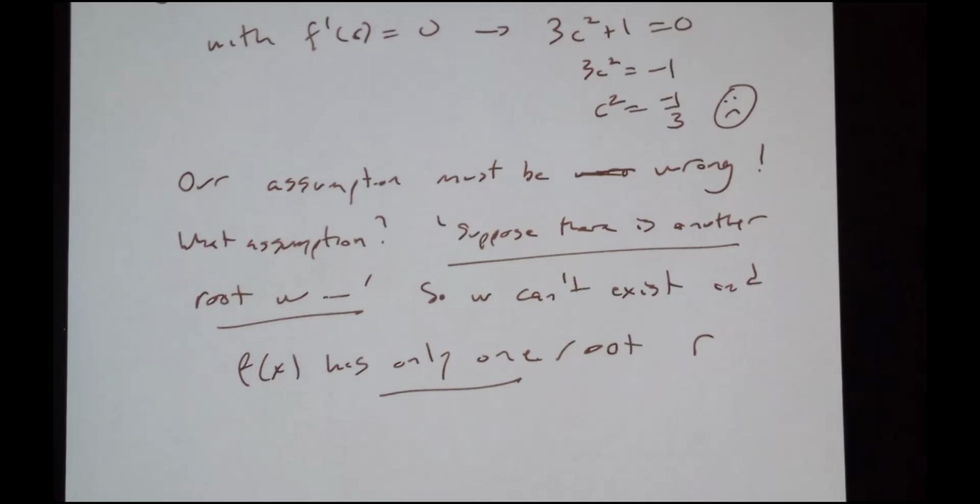Rolle's theorem is the, quote, simple one. Because Rolle's theorem requires me to have the same output on both ends. A and B have to have exactly the same output. What if they don't?